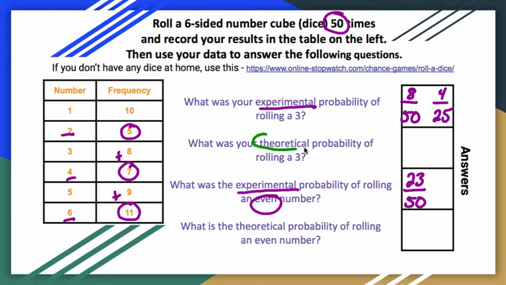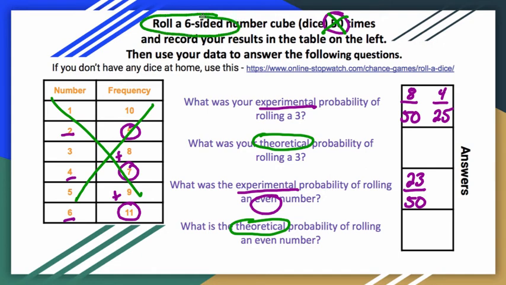Then we come back to theoretical. Remember, theoretical doesn't care about your data. It doesn't care how many times you did it. It just wants to know how many times should it happen. How often should it occur? Well, I'm rolling a 6-sided cube. What's the theoretical probability of rolling a 3?